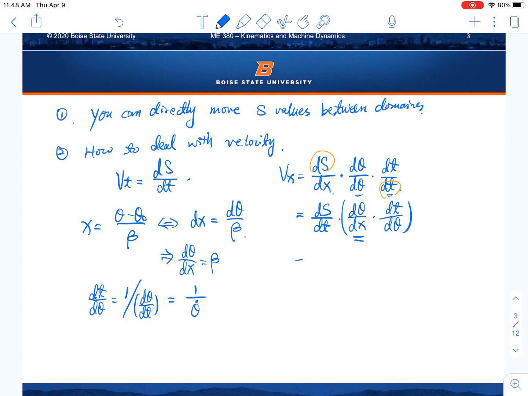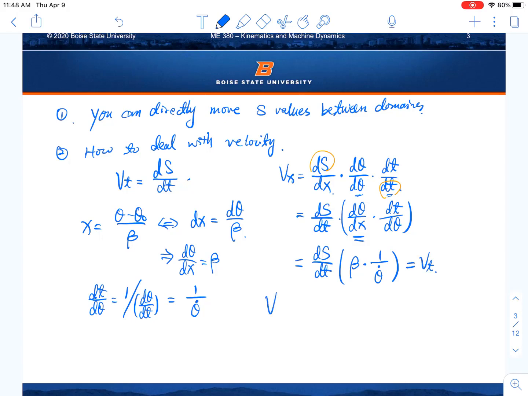So that means we can write it as ds dt times beta times 1 over theta dot. And then by definition, your ds dt is vt.